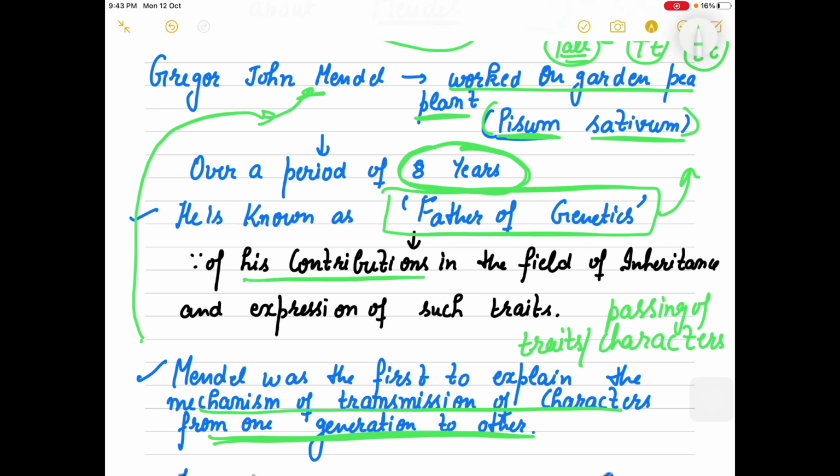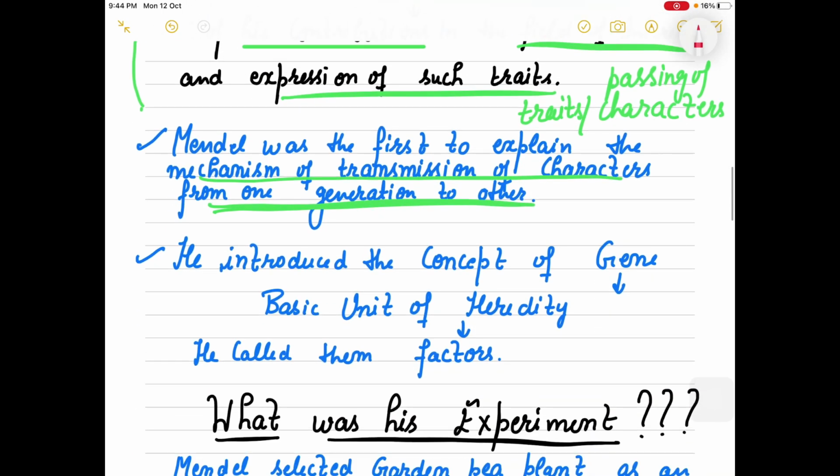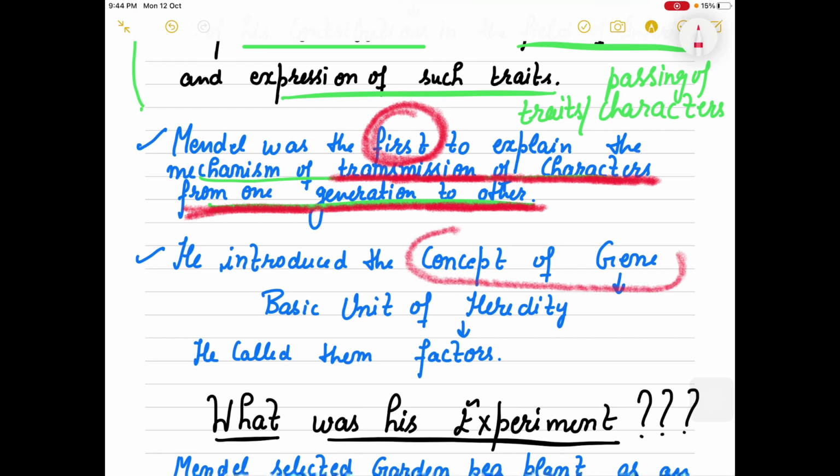Because of his contributions in the field of inheritance and expression of traits, he is known as the father of genetics. He was the first one who explained the mechanism of how characters transmit from one generation to another. He was the one who introduced the concept of gene.